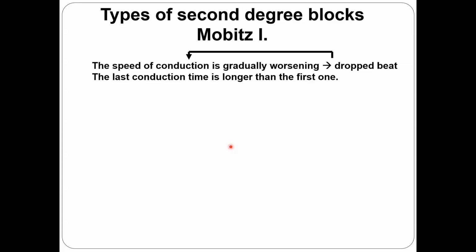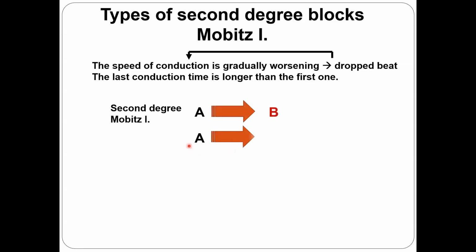This one is called Mobitz type 1. What does it mean? It means we have conduction between A and B, but this conduction gets slower and slower with every revolution, until a beat is dropped, and then everything starts again from the beginning.